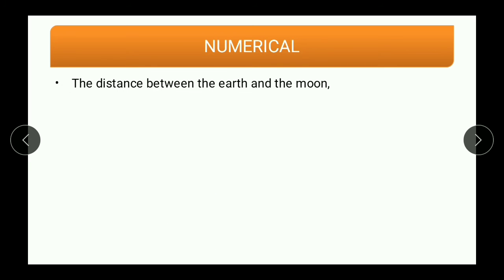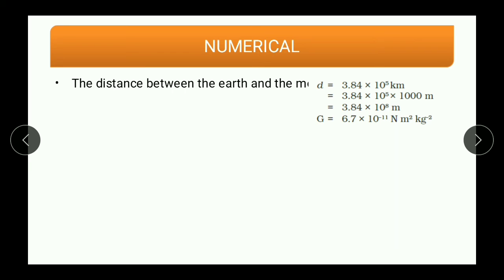This has to be converted to meters, and to convert it into meters we will multiply it with 1000. So that will give me 3.84 into 10 raised to 8 meters. Now G we already know, 6.7 into 10 raised to minus 11 Newton meter square per kg square.